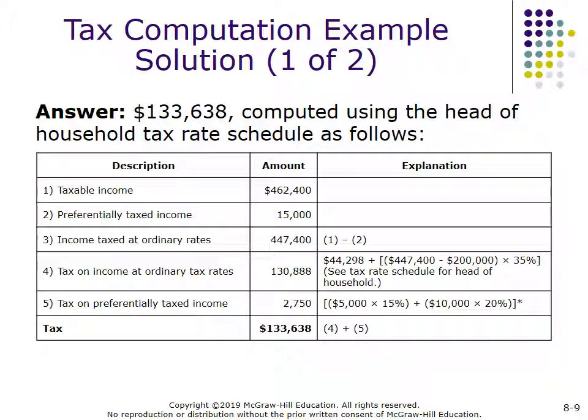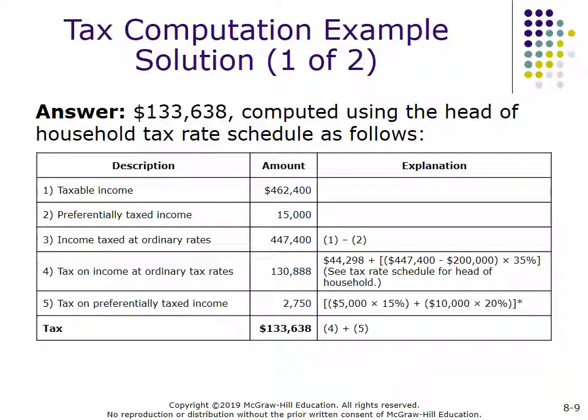$5,000 of it will be taxed at the preferential rate of 15%, because we're not just talking about preferential income. We're talking about income plus preferential. Up to $452,400 would be taxed at 15%. The amount above that would cause her to go into the next range above $452,400.